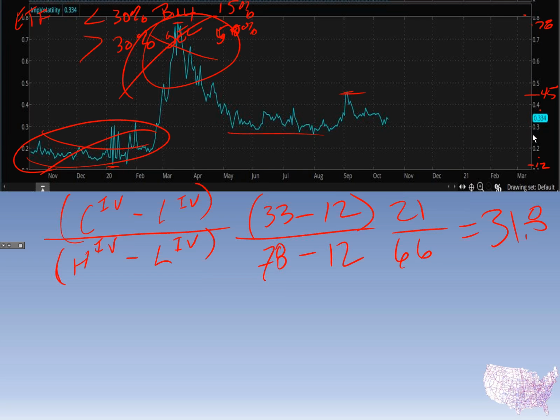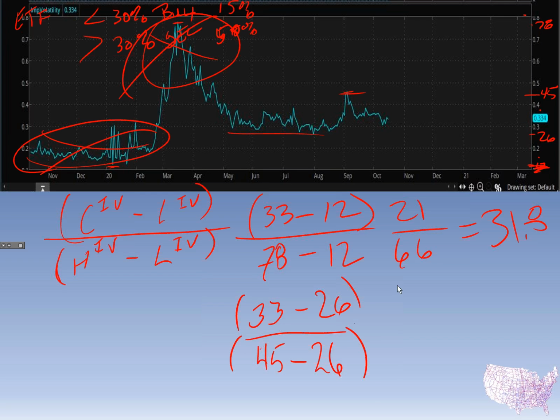So that current low, let's just say, is now 26. All right. So in this case, then we're going to go 33 minus 26, divide that sum by the high, which is 45, minus the low, which is 26, right?